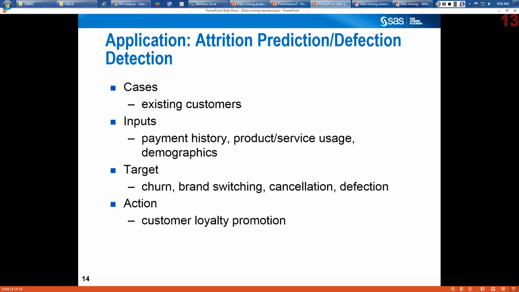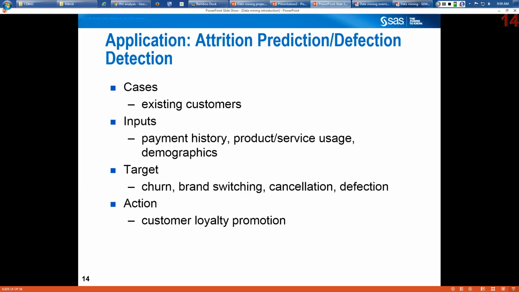Another customer-related application would be customers leaving businesses. They choose your competition for their service, and we'd like to know why they do that. And so the target variable will be churn. Customers come in and then they go, or customers switch to a different brand, customers cancel their subscription, or customers just defect to a competitor.